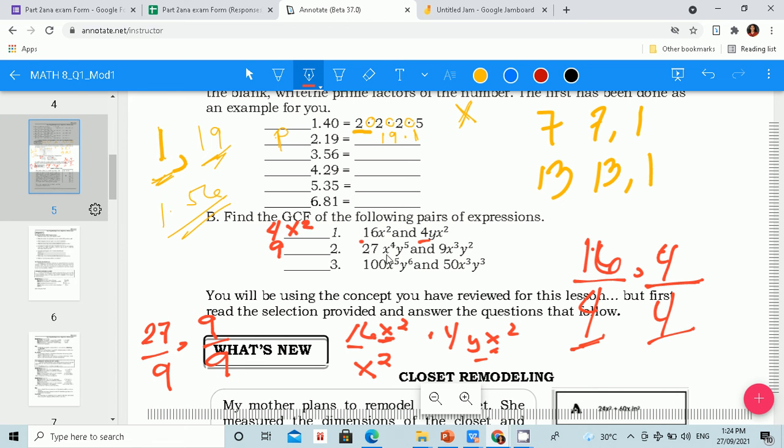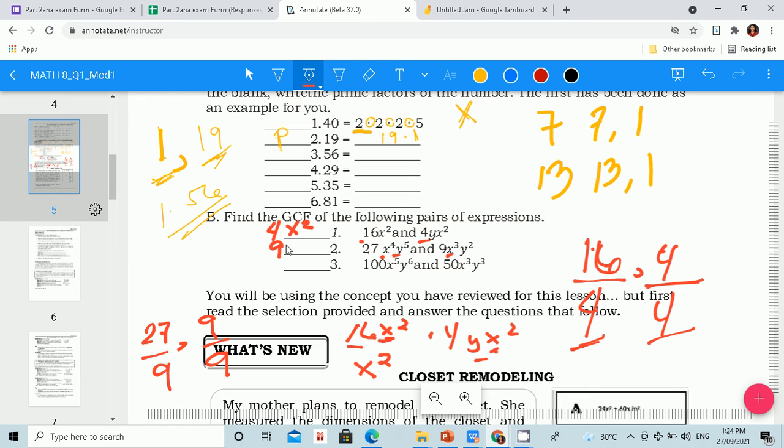Then, what about the variables? Okay. Now, let's go to the variables here. Here, we have the variables x to the fourth and y to the fifth. Okay. So, x is common to both. And then, what we are going to do is take the highest.